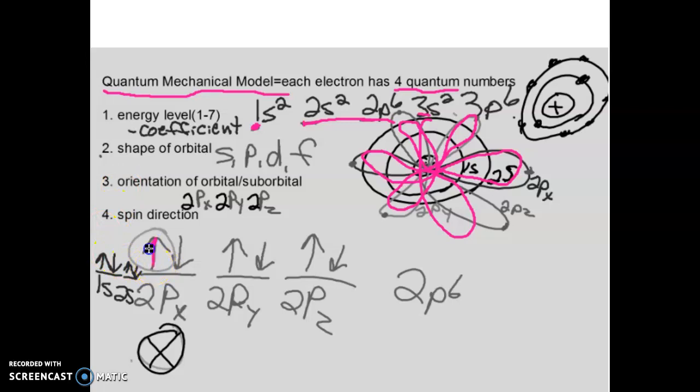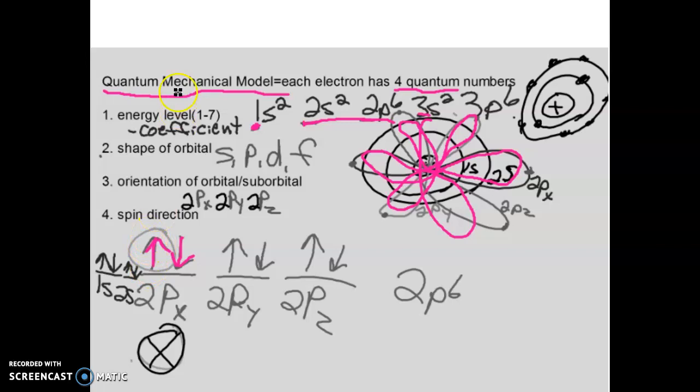And then the fourth one is spin direction. One is spinning this way, that's the 4th quantum number, and the other is spinning this way. So those are the 4 quantum numbers. And remember, the rule is that no electron can have the same 4 quantum numbers.